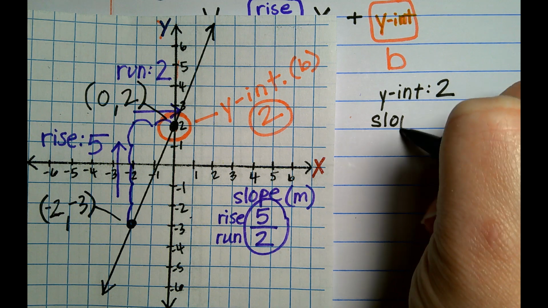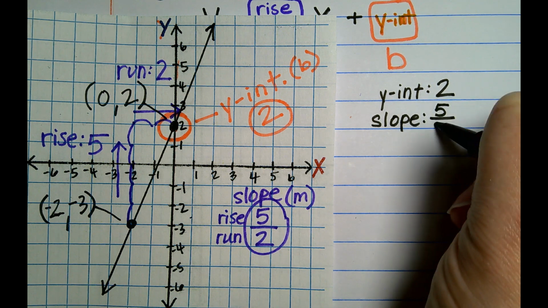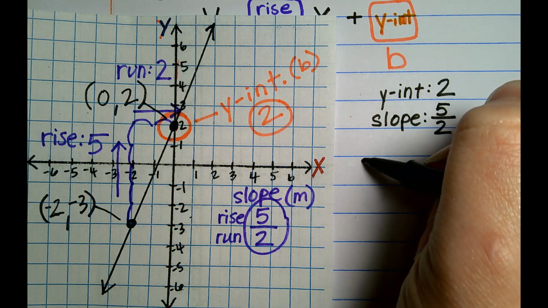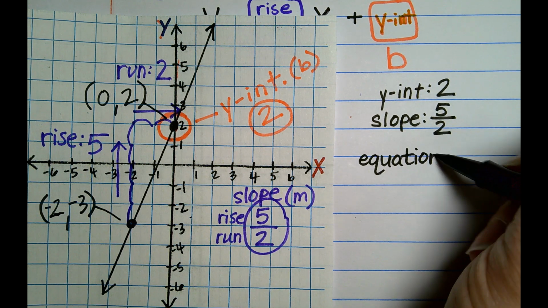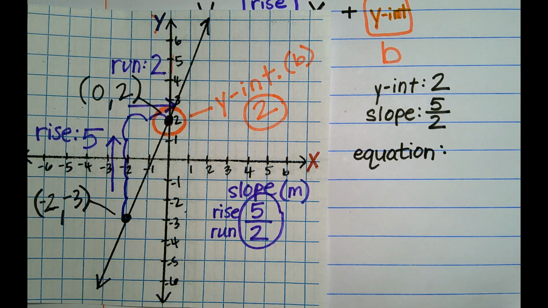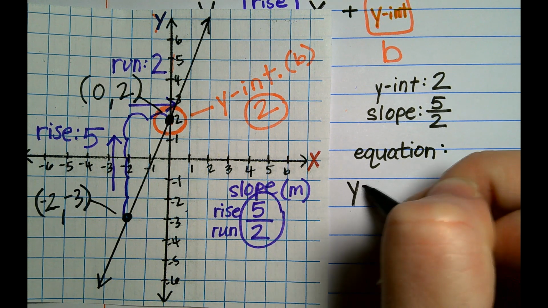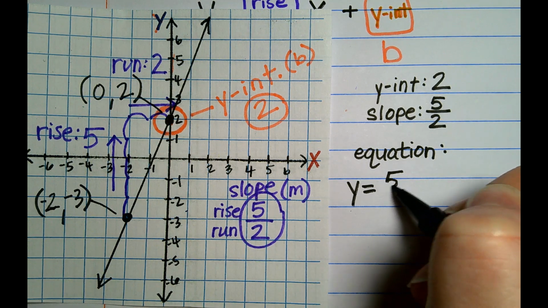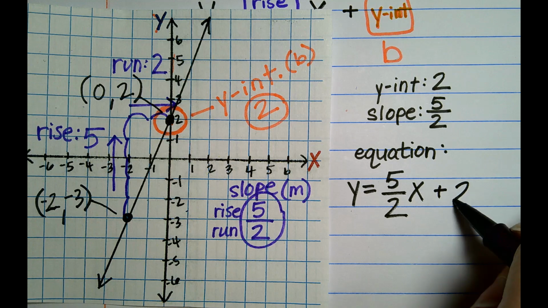Our slope is 5 over 2. So what is our equation? Y equals... Yep, y equals 5 over 2 x plus 2. That's it.